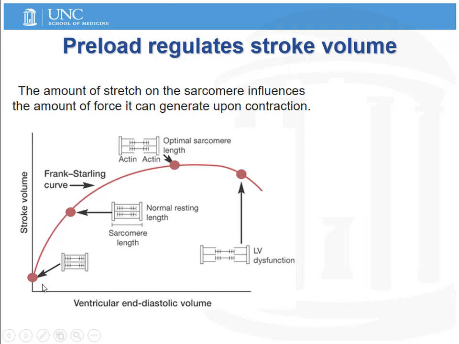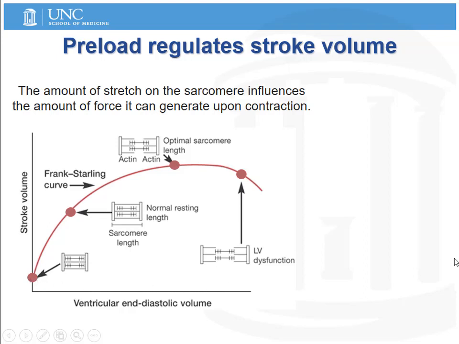Similarly, at very low preload or low end diastolic volume, the sarcomeres are very short, so the actin and myosin filaments overlap too much and the actin blocks myosin binding. Since very few cross bridges can form, the amount of force generated from a contraction at this end diastolic volume is low and results in a much lower stroke volume.